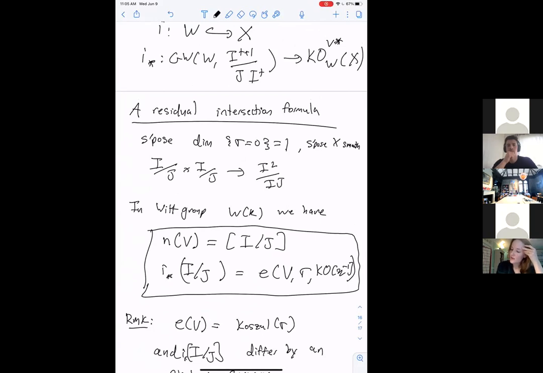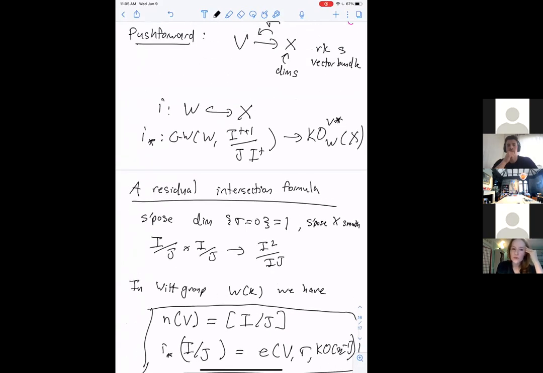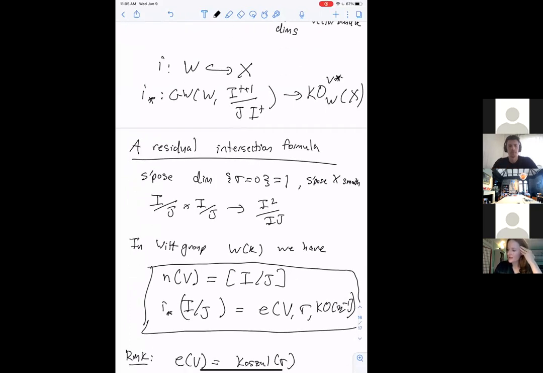Because then we had a perfect pairing on something that's potentially not smooth. That's not a problem. We have a way to push forward in coherent duality. But when we want to look at it as some class here, I'd be more comfortable saying X smooth instead of X Gorenstein.